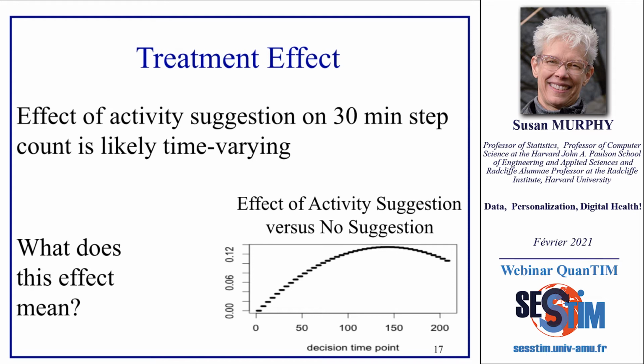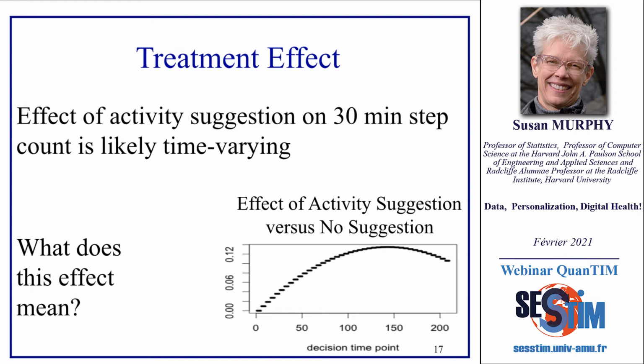And habituation is where someone just does not see the stimuli. They don't feel burden, they just don't see the stimuli. So when we were designing this study, we drew this little graph on the bottom right corner. There's 210 decision times, 5 times a day, 42 days. That's the horizontal axis. The vertical axis is the standardized effect size of sending an activity suggestion versus no suggestion.